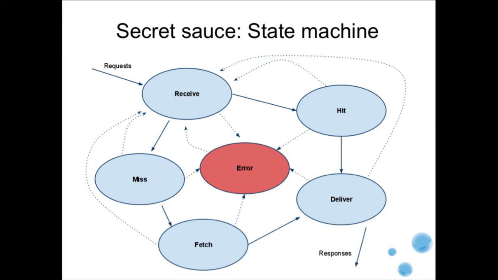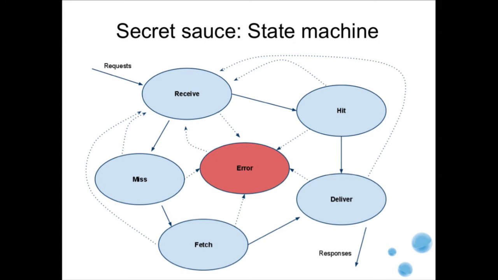Requests in Varnish come through and go through various states. We have the states here where we receive it, and then we make a judgment if it's a hit or a miss. If it is a cache miss, then we go here, and then we fetch it, and then we deliver it.